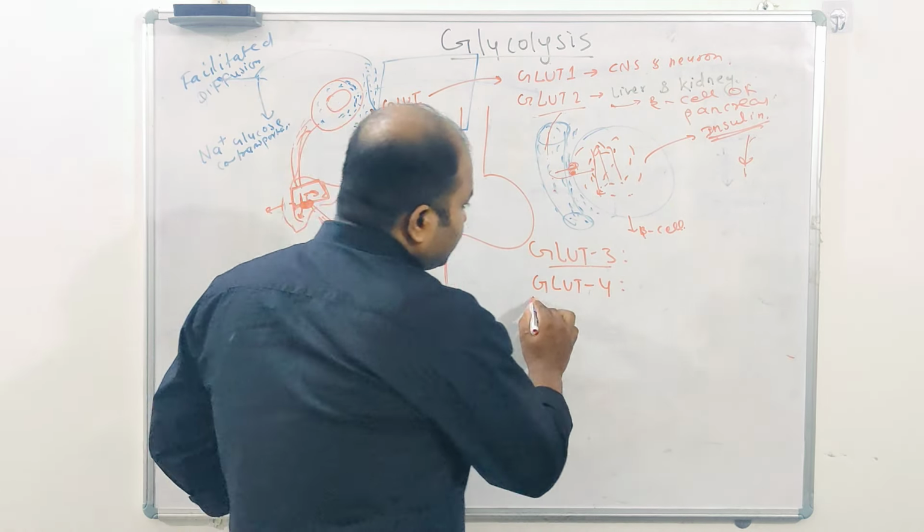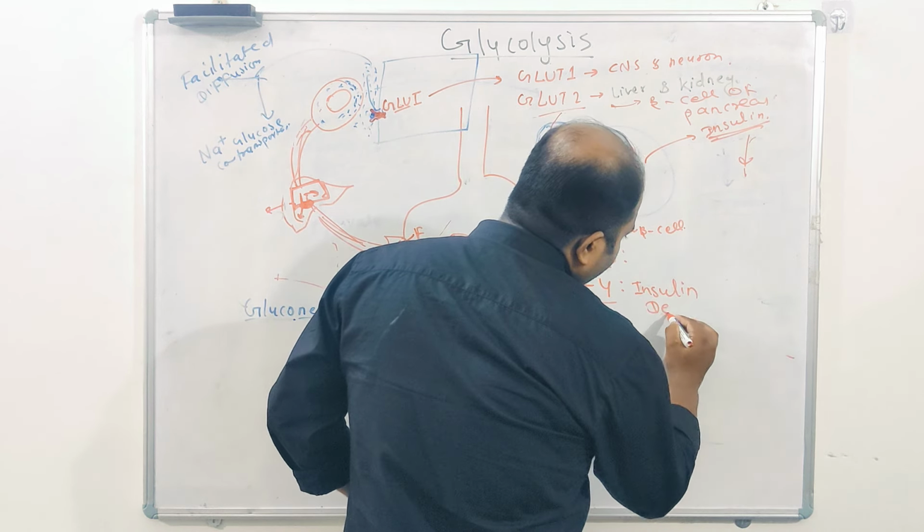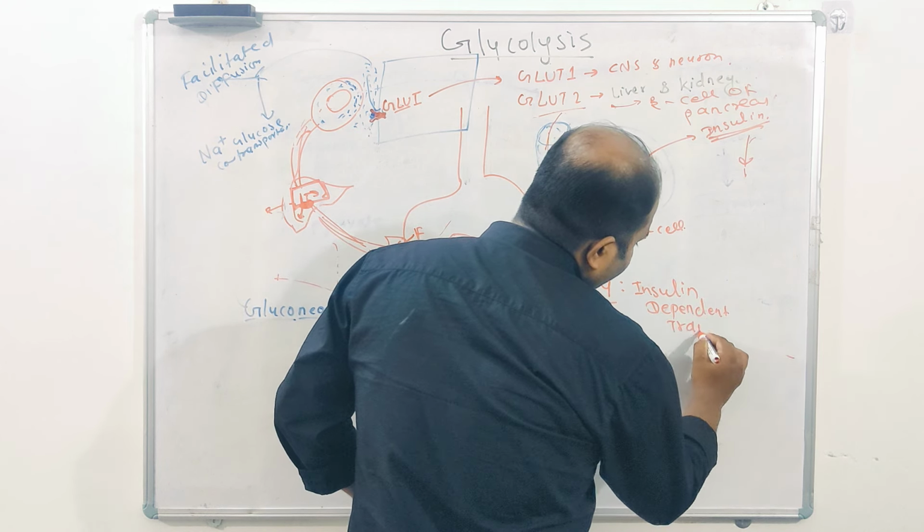GLUT4 is most commonly used. GLUT4 is an insulin dependent transporter.